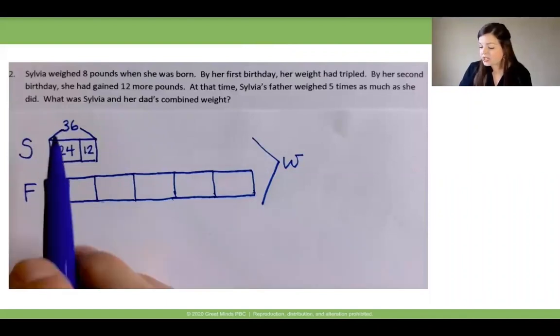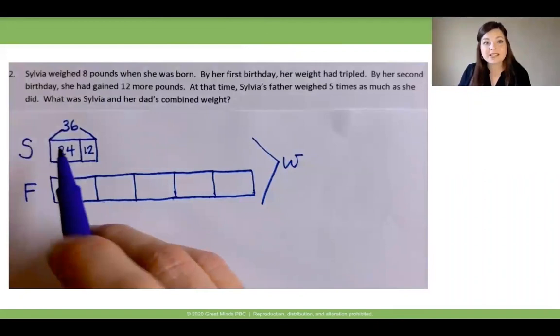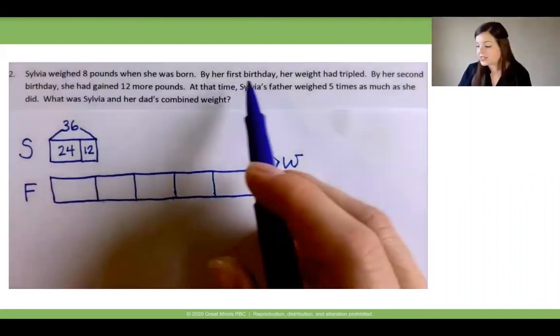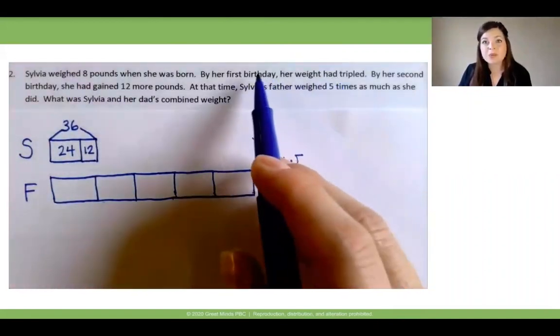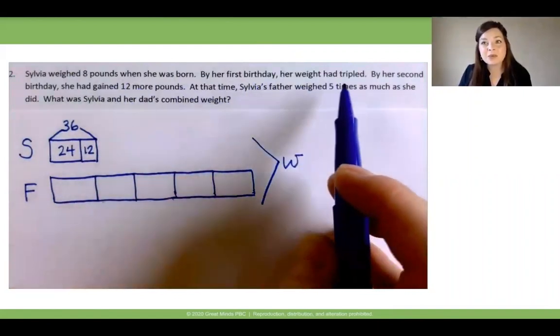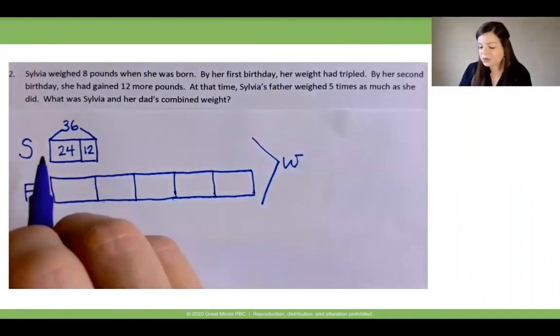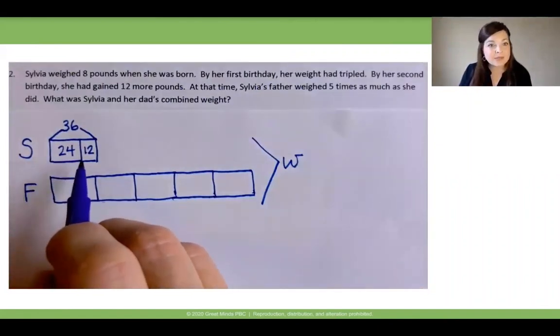In the story, we don't see the number 24 written anywhere, but it represents Sylvia's weight once it had tripled. So how much she weighed by her first birthday? 8 times 3. But I did the tripling in my head instead of drawing 8 three times or drawing 3 units of 8.